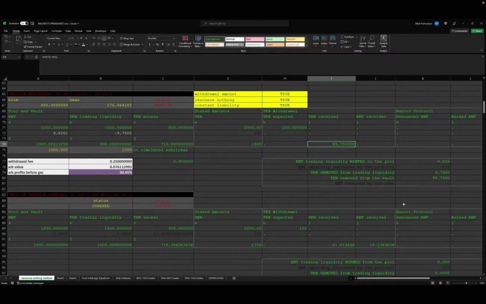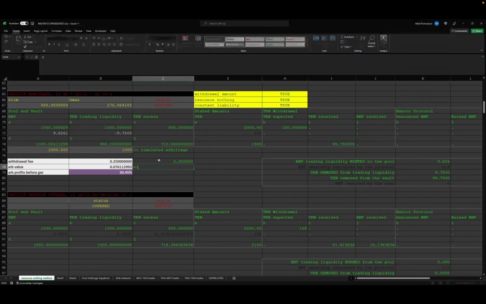So that's sent to the user. The arbitrage opportunity is created. The arbitrage opportunity is closed, and that means that when we then take this new number and add it to the excess, so this is now the total TKN in the system, and then divide that by the total staked amount, we see that the overall deficit has not been affected, which is precisely the behavior that we're trying to achieve.